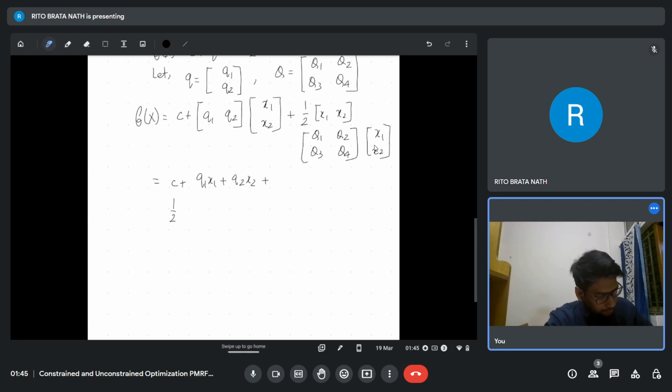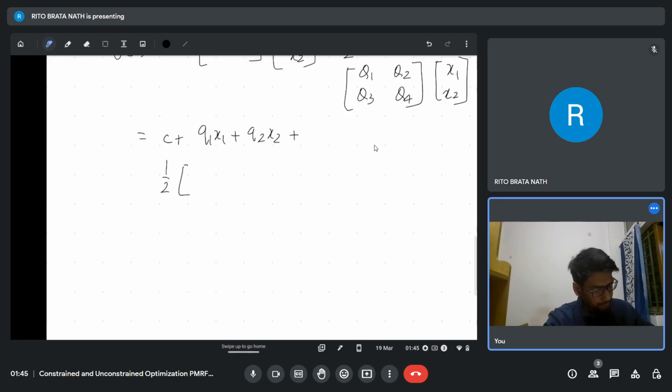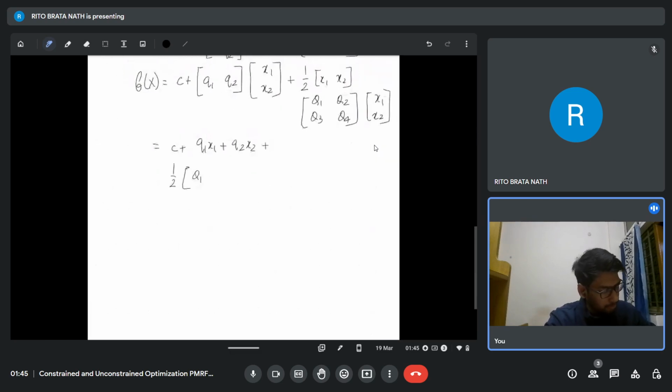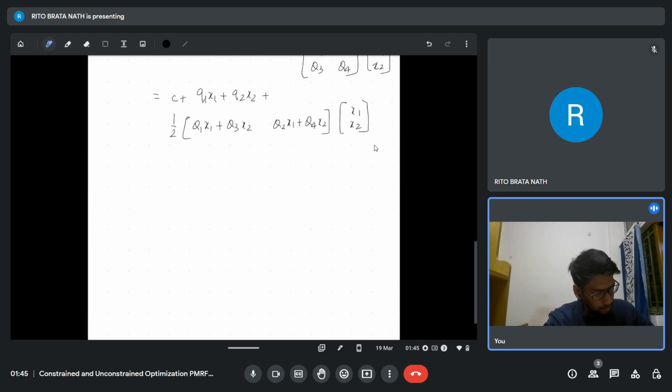Plus half, Q1 x1 plus Q3 x2, then you have Q2 x1 plus Q4 x2, and this is x1 x2, then you have C plus Q1 x1 plus Q2 x2.